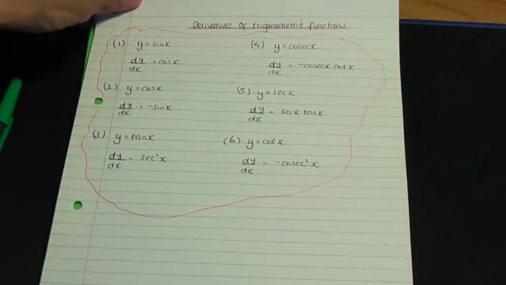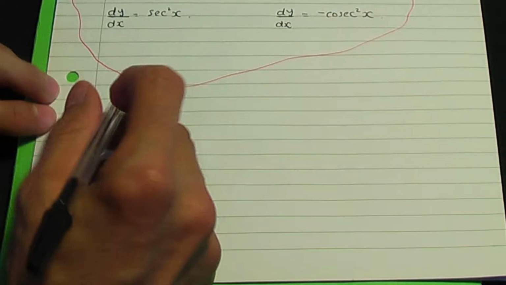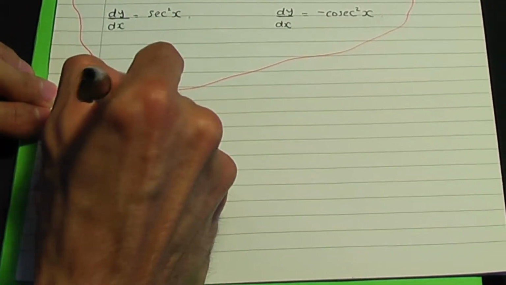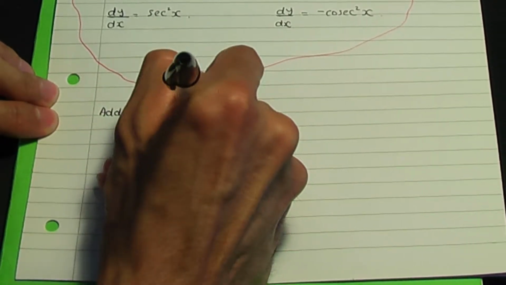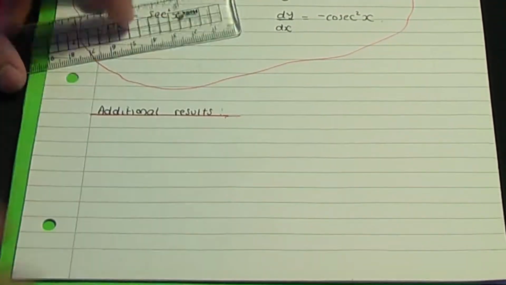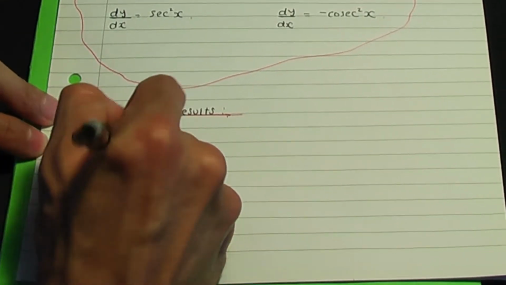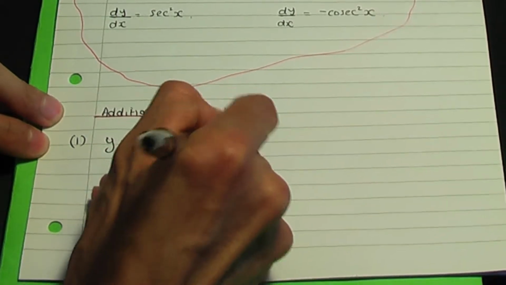Now further to that, let me continue. Let me give you some additional results based on these results. So let me title this additional results. Let me underline this. So based on these results, number one, y is equal to a sine ux.